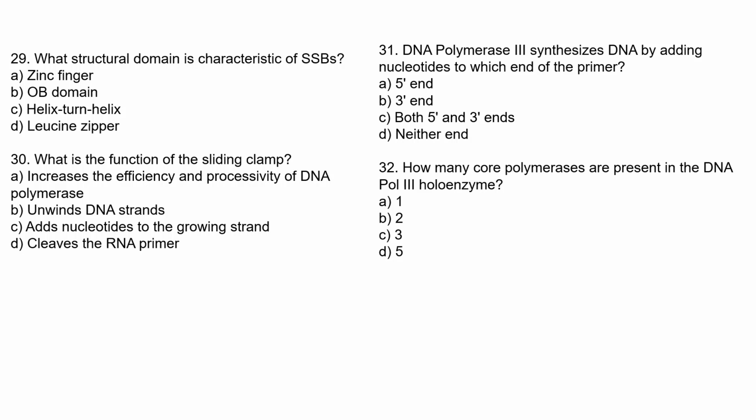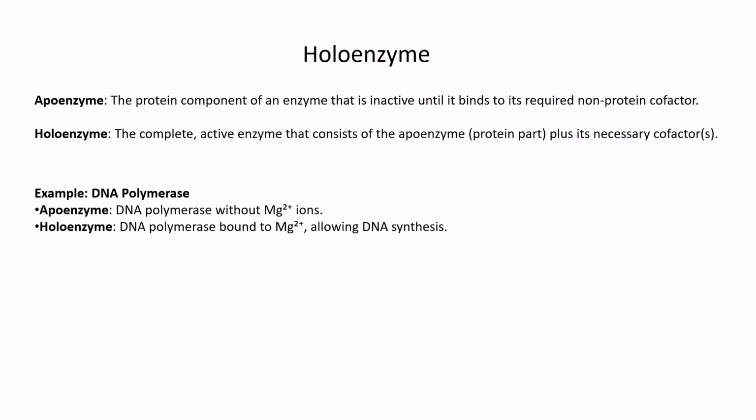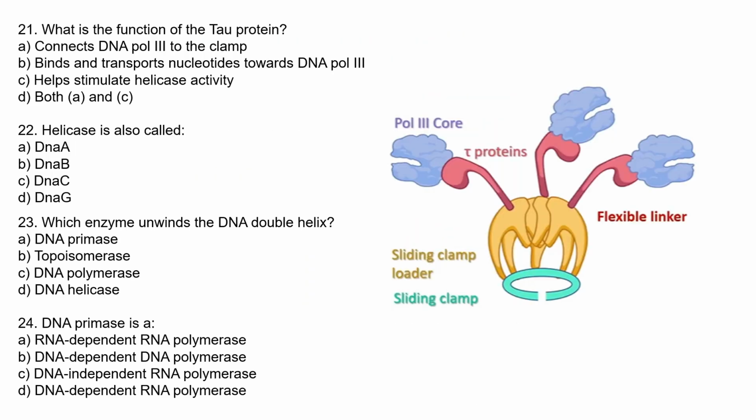It has a clamp loader and it has these tau subunits. I think there are 3 of them, 3 tau subunits that have the flexible linkers. I'd shown the image earlier, right? So you saw those linkers in blue. Maybe I can go back. Yeah, here. So you have the 3 core subunits, your tau proteins with their flexible linkers that help the binding of the clamp to the core.